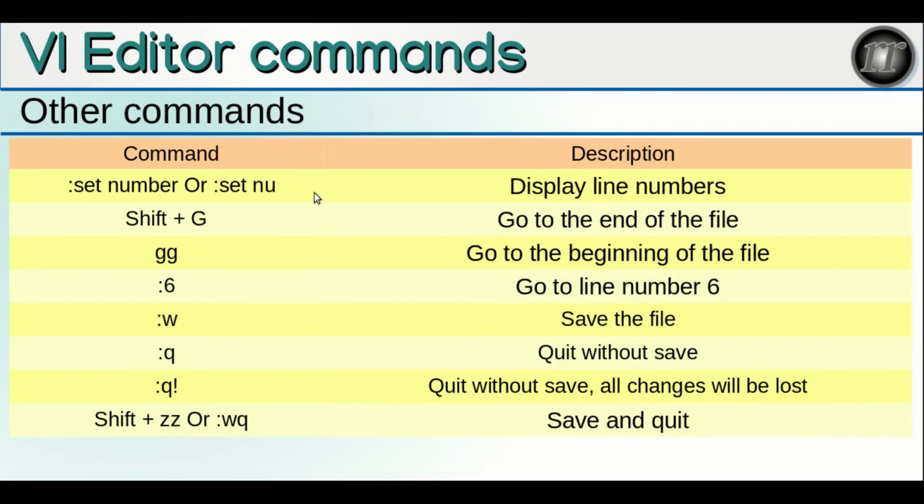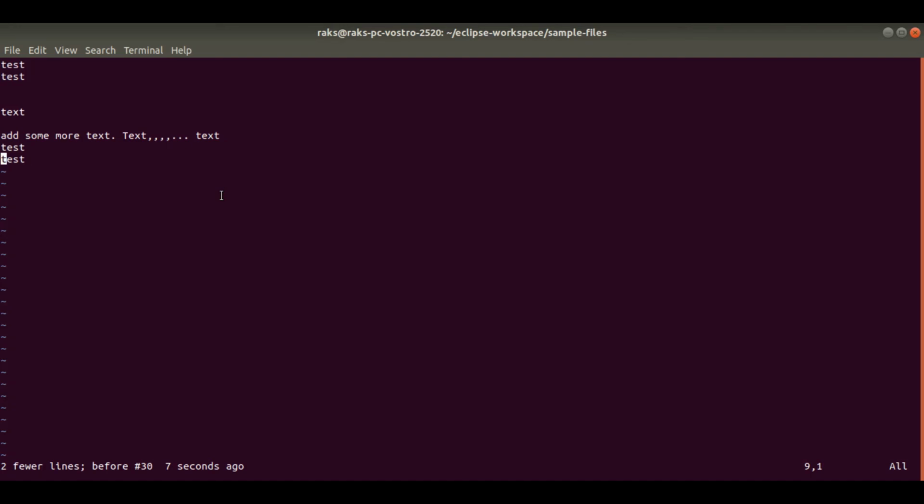After that, some other commands of the VI editor which are very useful for a programmer or developer or a simple user. First, if you want to see the line numbers in the VI editor, you can use set number. This is the command to display the numbers.